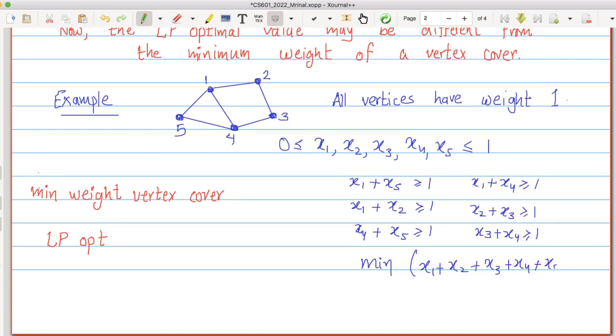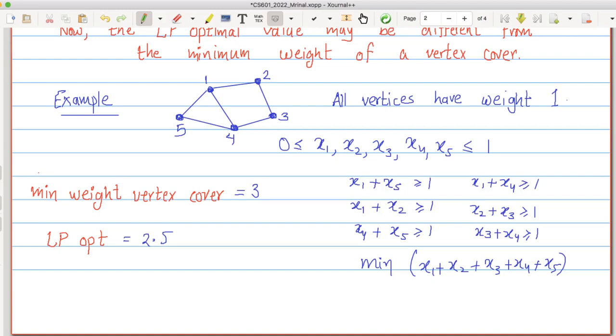And what we saw was that the minimum vertex cover in this graph needs 3 vertices at least, and since all weights are 1, you can say the minimum weight of a vertex cover is 3. But on the other hand, if you see the linear program, the optimal value will be 2.5.